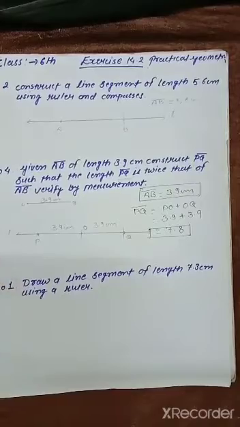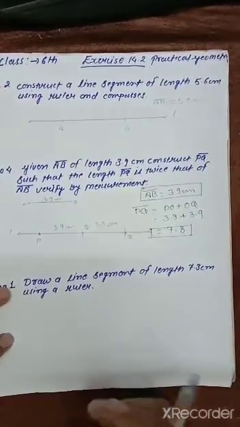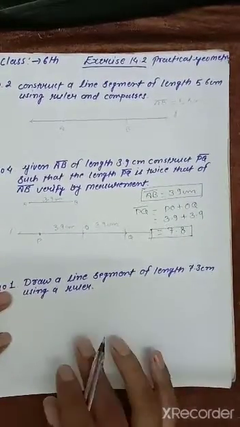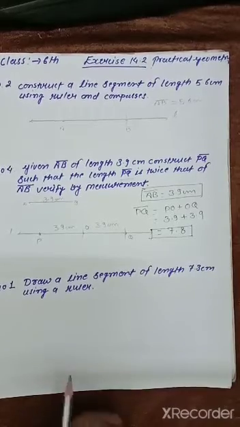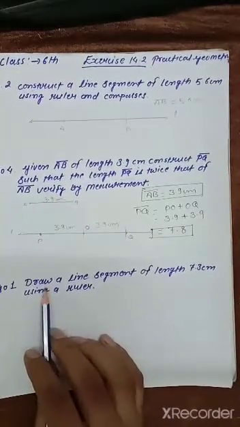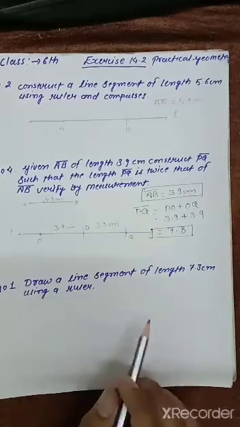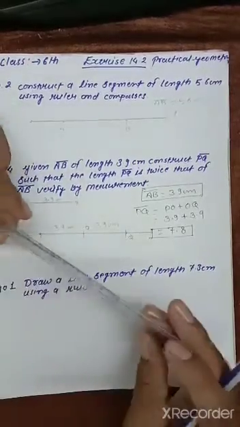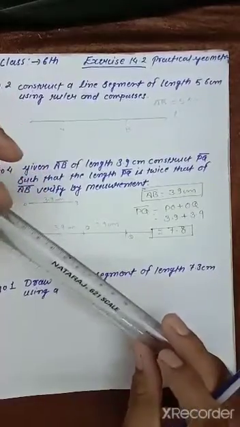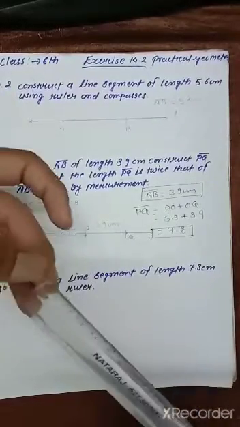Now come to the next question. That is quite an easy question, given just for you to learn the proper use of the ruler. The question says: draw a line segment of length 7.3 centimeter using a ruler. Whenever you use the ruler, you have to start from the initial point, this 0.